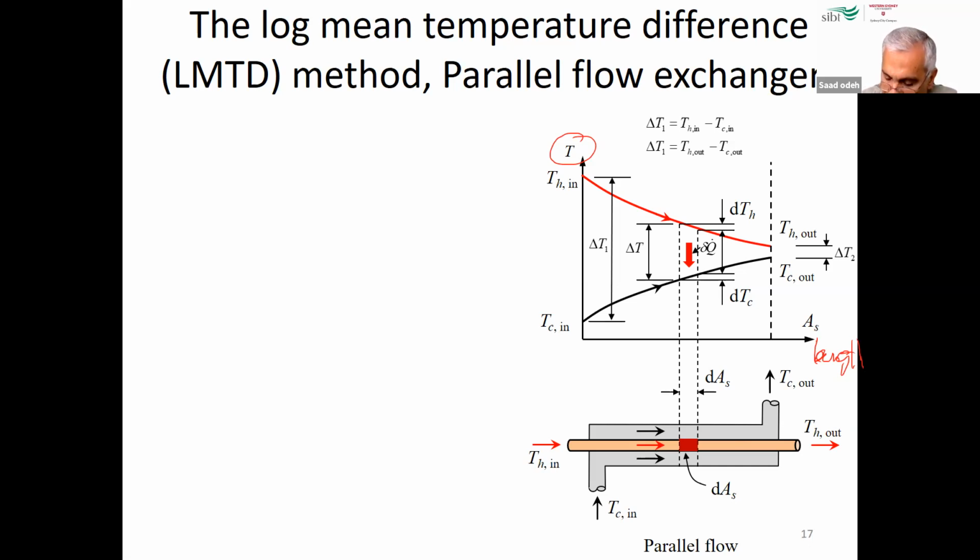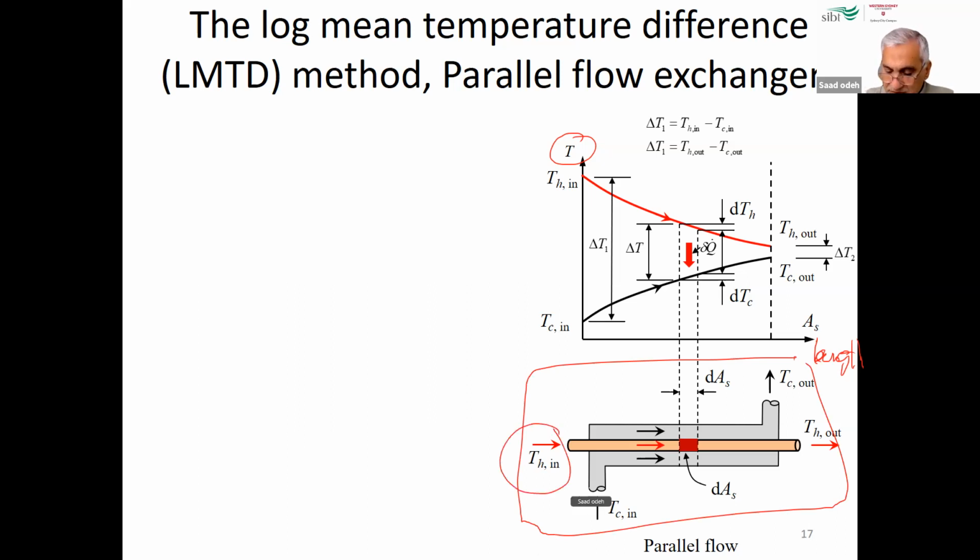For example, here in this figure, we have both fluids entering from the left side. So the hot fluid from the left and also the cold fluid entering from the left. And then when we show it on the diagrams, both of them start from the same point, but of course different temperature, at the same point of the length.